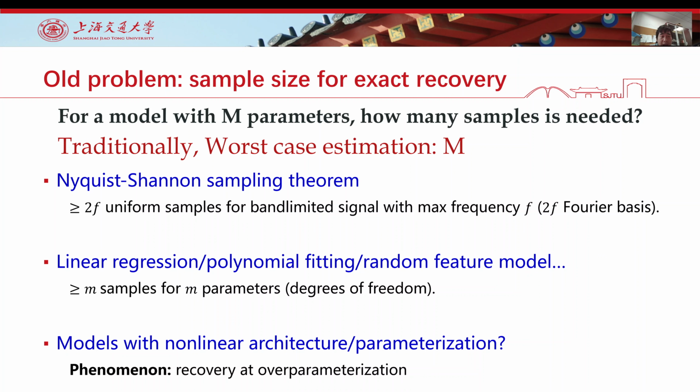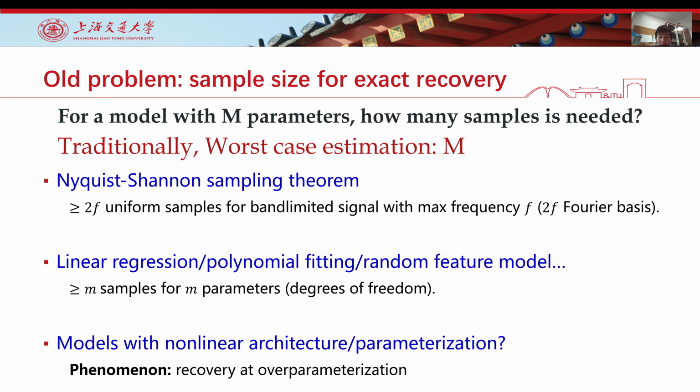For example, for the Nyquist-Shannon sampling theorem, for a target function with max frequency f, we usually have 2f Fourier basis. So we need to have at least 2f uniform samples. And for linear regression or polynomial fitting, we should have m samples for m parameters.